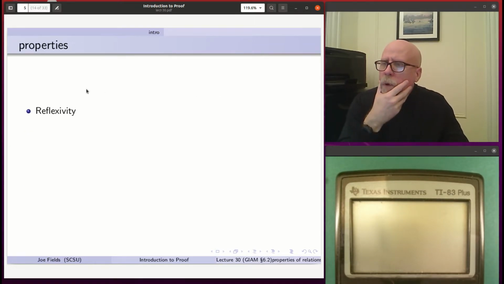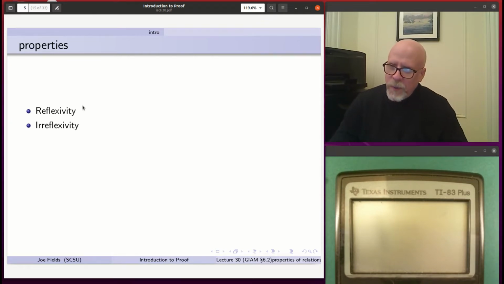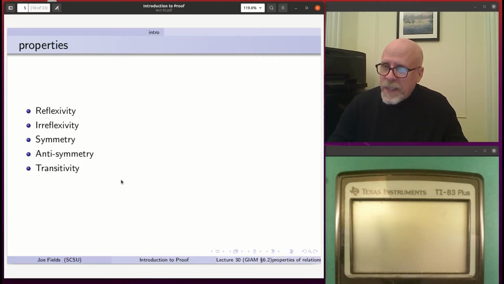All right, so what are these properties? Well, the first one is called reflexivity. I'm wondering whether I'm being too pedantic using these strange forms of it. I think people more often say the reflexive property. It depends on what part of speech you're trying to use. Reflexivity, irreflexivity, symmetry, antisymmetry, and transitivity.